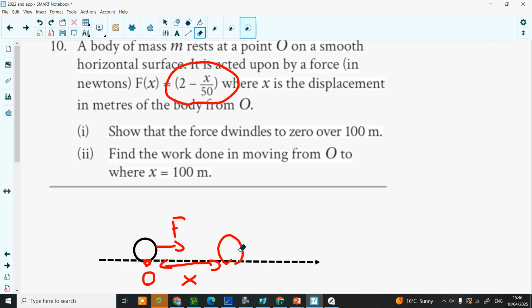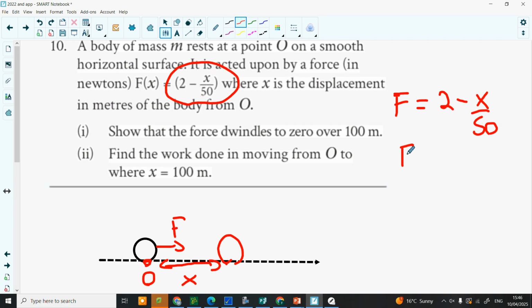Now, show that the force dwindles to 0 over 100 meters. No hassle. That's easy. F equals 2 minus x over 50. F equals 2 minus 100 over 50, equals 2 take away 2. F must be 0.